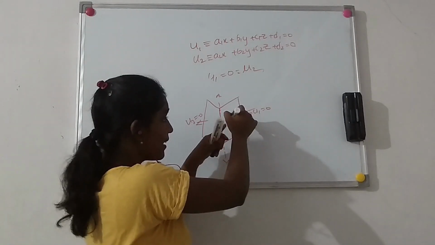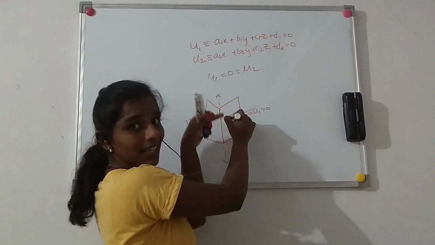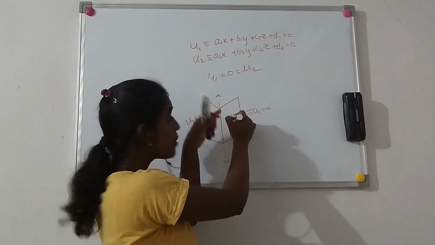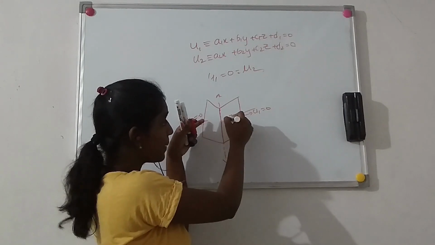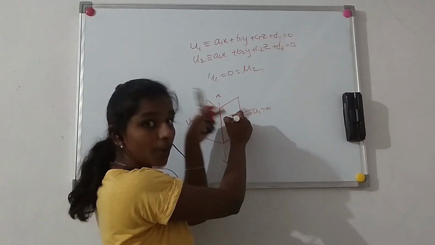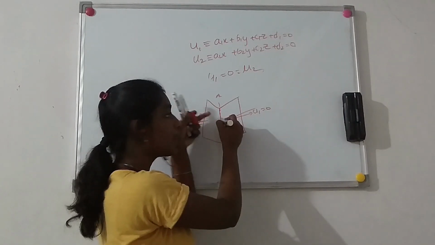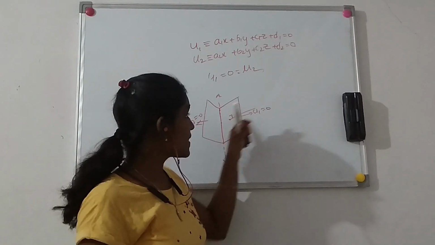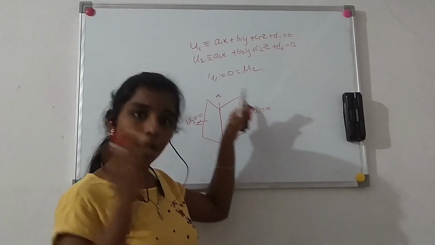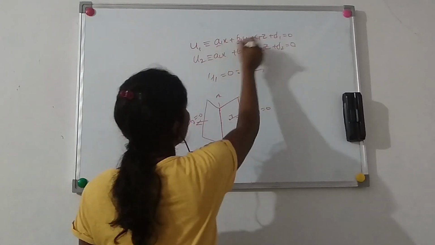Now this perpendicular line is also perpendicular to this line, right? This perpendicular line to this plane, that is the normal to the plane, is also perpendicular to this line. Am I right? So if this is the normal, the drs of the normal we already know, that is a1, b1, c1, right?